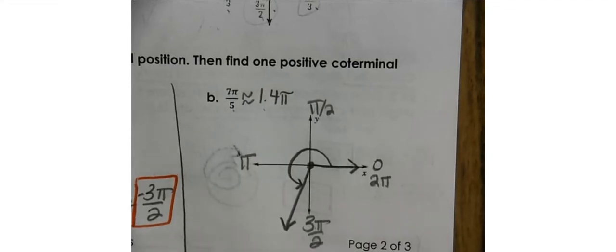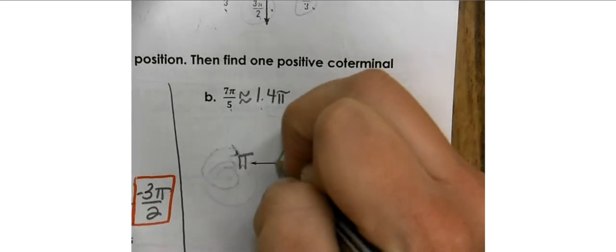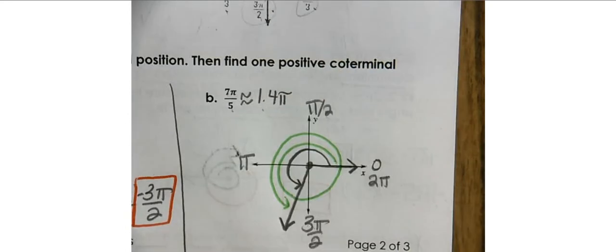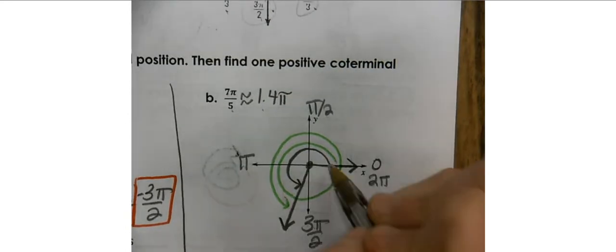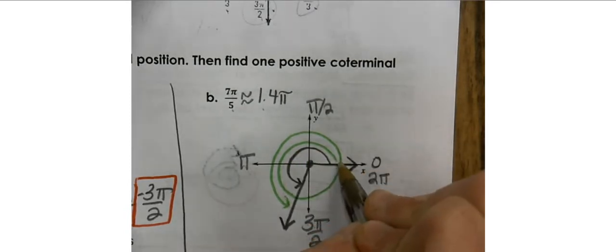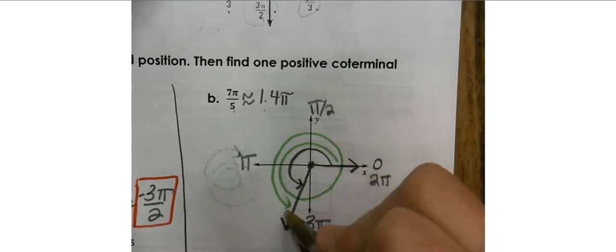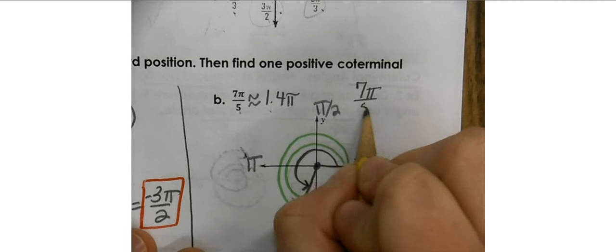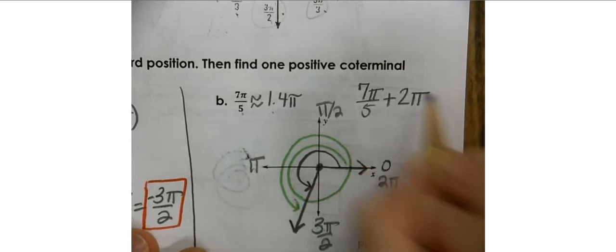in order to find a positive coterminal angle, not only are we going to have 7 pi over 5, but we're going to spin around the circle 1 full time plus another 7 pi over 5. So we spun around the circle 1 full time, so that's 1 full 2 pi plus another 7 pi over 5. So I'm going to take 7 pi over 5 and add 2 pi.